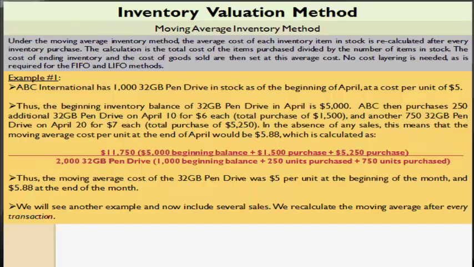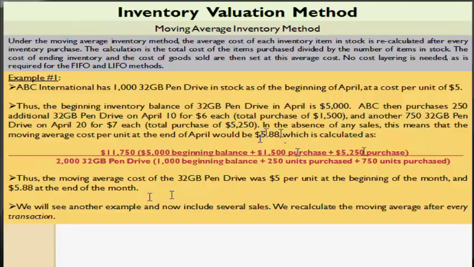This leads to a total purchase of $5,250. In the absence of any sales, this means that the moving average cost per unit at the end of April would be $5.88, which is calculated as $11,750, the sum of all three amounts, divided by the total quantity of the 32 GB pen drives, which gives us $5.88.